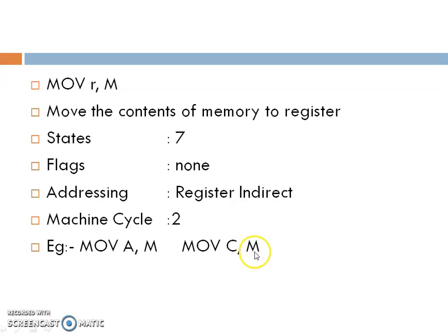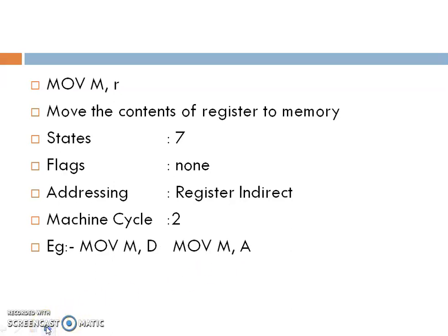Then move C comma M, the contents of the memory location are transferred into register C. Then move M comma R. The contents of the specified register, which can be either A, B, C, D, E, H or L, are transferred to a specific memory location, and the address of that memory location is specified in the register pair HL. Therefore, it comes under the category of register indirect addressing.